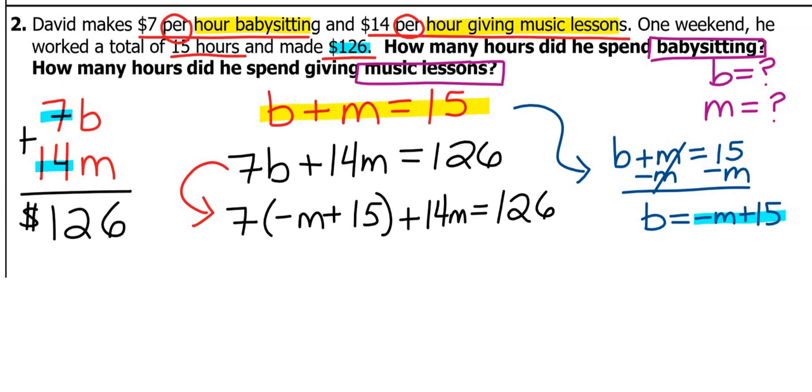Now that this entire equation has been converted into something that only has M, I can solve for the variable M. Let's go ahead and do it. So I'm going to distribute the 7 to both terms. 7 times negative M is negative 7M. 7 times 15, let's go ahead and work it out.